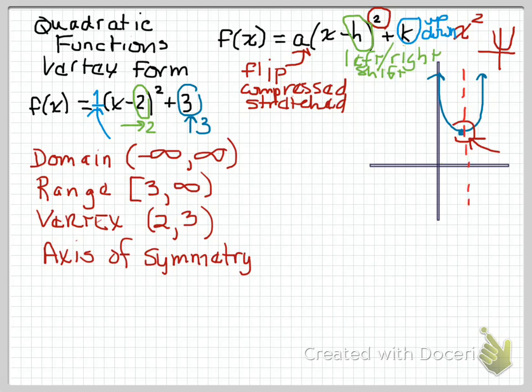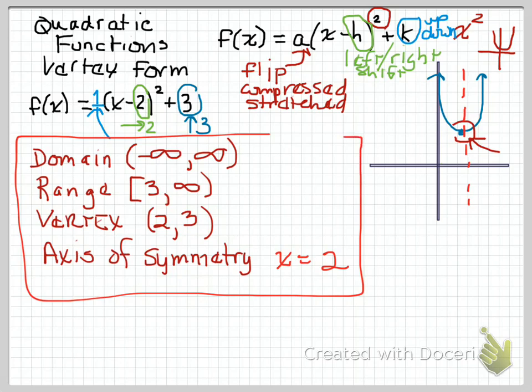So if you had this on a piece of graph paper and you folded the graph paper along that line, that dotted line, you would see that the two halves of that parabola sat one right on top of the other. So our axis of symmetry is a vertical line, and it's the vertical line at x is equal to 2. So that's the information, and you can easily get that either from the equation itself or from the graph.